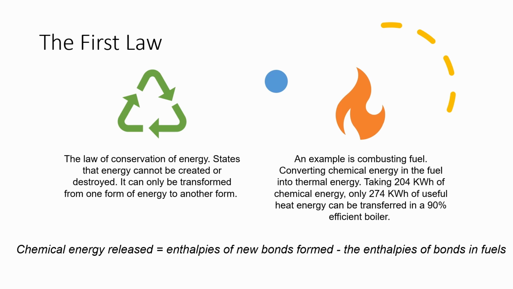So basically, it's taking 304 kilowatts of chemical energy, while only 274 kilowatts of useful heat energy can be transferred in a 90% efficiency boiler.